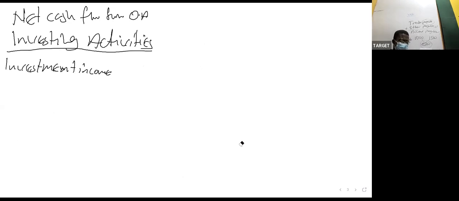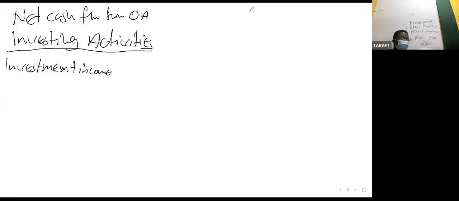In exams, we like writing big, even if you cannot see it, you can still see it. 1,120. So the investment income should be here. We had 80, right? Then proceeds from disposal.